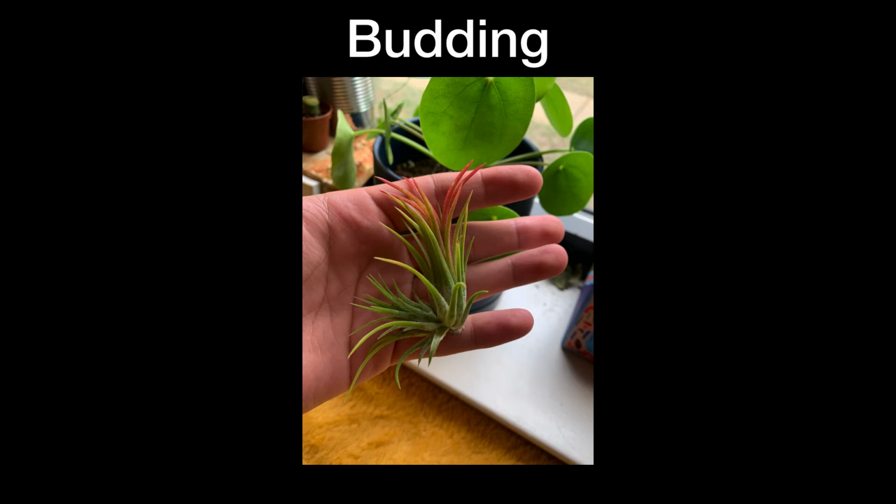This is one of my air plants here, and you can see the mother plant is in the middle with the red leaves coming off of it. And then there's a smaller bud of the mother growing off, and eventually that bud will detach from the mother, thus creating two different plants.